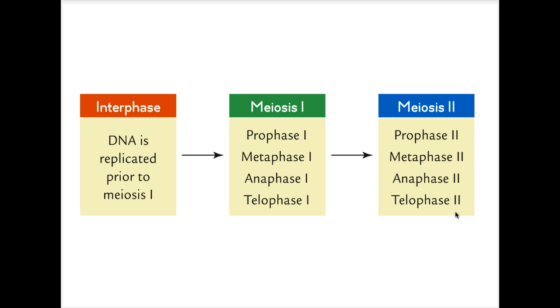Because we want our newly formed cells to have genetic variability and they need to have half the genetic material, they are going to need to divide twice. So we have a first part of meiosis called meiosis 1 and a second part of meiosis called meiosis 2. Notice within both meiosis 1 and meiosis 2, we have our prophases, our metaphases, our anaphases, and our telophases.